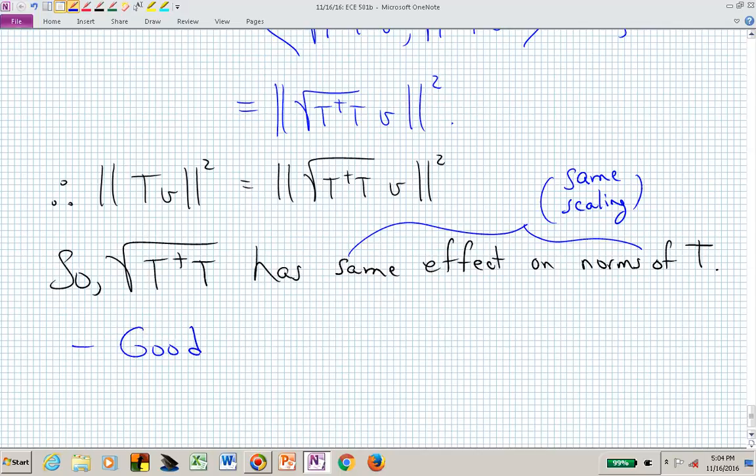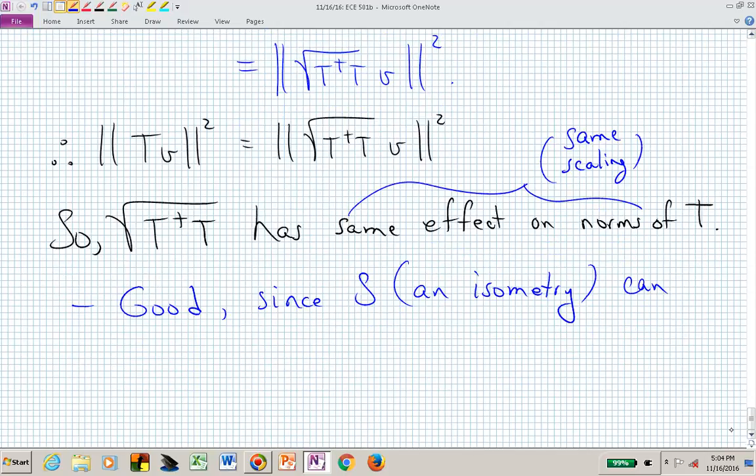And that's good since S, which is an isometry in this decomposition, if it's an isometry, it can't manipulate the norm.